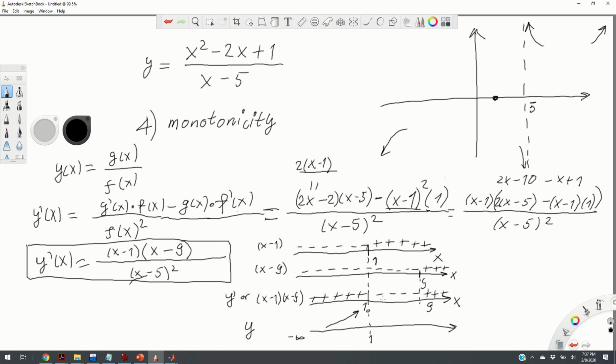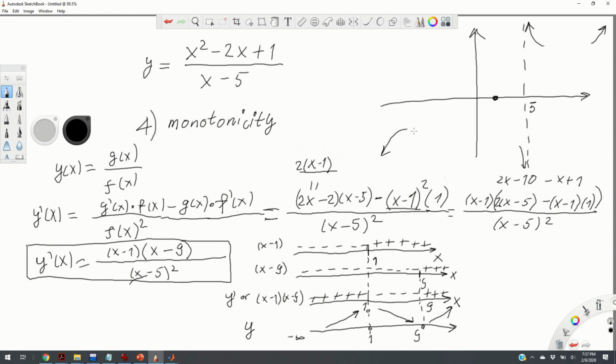And then since y prime is negative from 1 to 9, this function will decrease from 1 to 9. At 9, the function will have the minimum value. And from 9 until infinity, since y prime is positive, the function will increase.